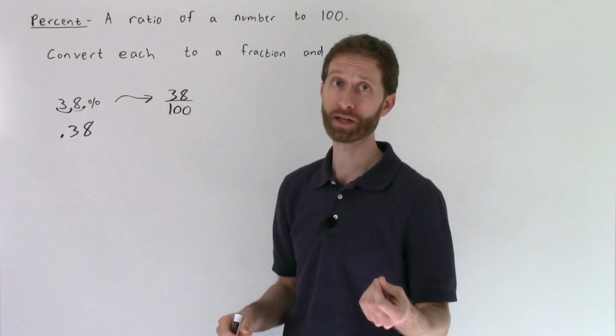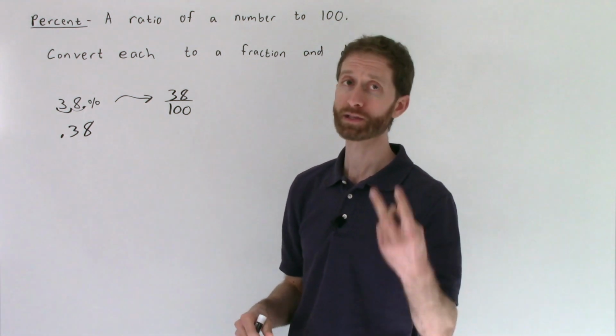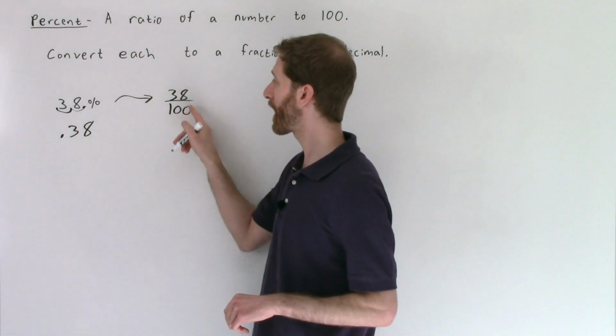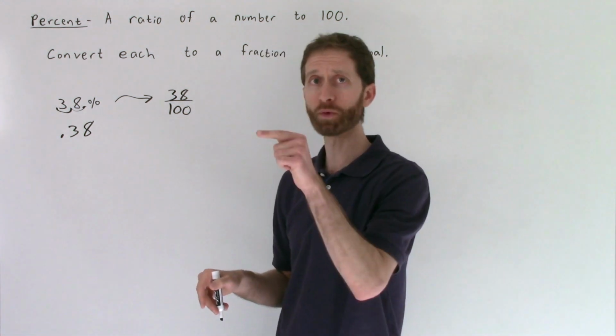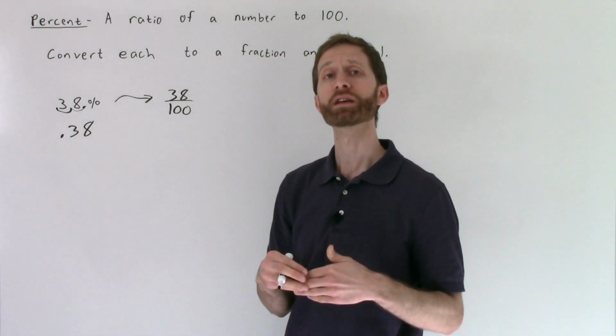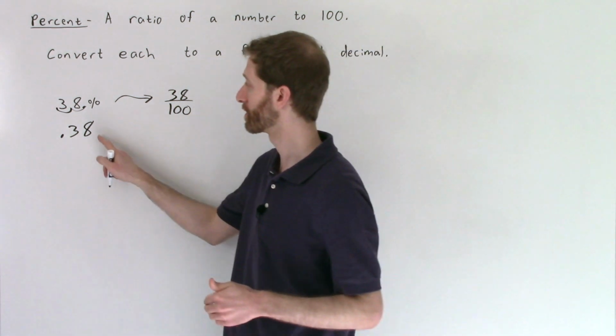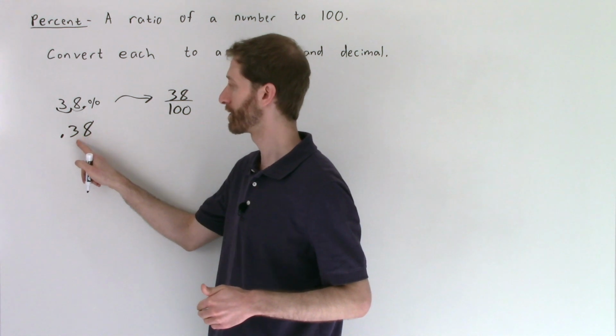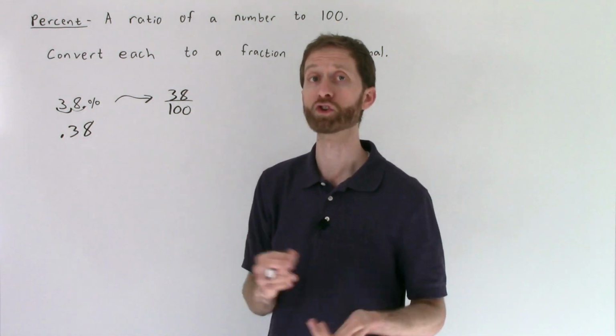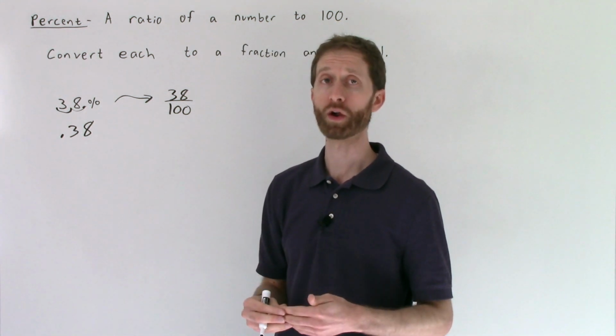So that's one explanation as to why this trick works. A second way of looking at it is, if I divide by 100, each decimal place moved to the left is a representation of dividing by 10 and then dividing by 10 again. So I divide by 10 and I divide by another 10, which is dividing by 100 overall. So that's why that trick works.